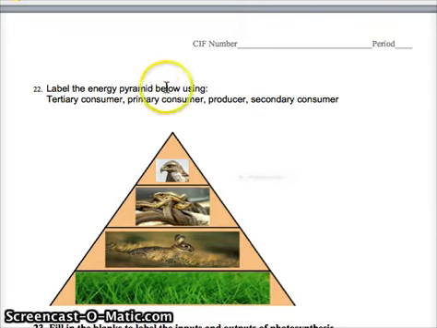Label the energy pyramid below using tertiary consumer, primary consumer, producer, secondary consumer. Using those words, draw arrows from each box here and label them with these words.